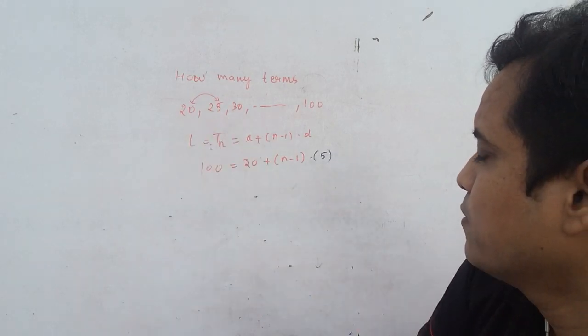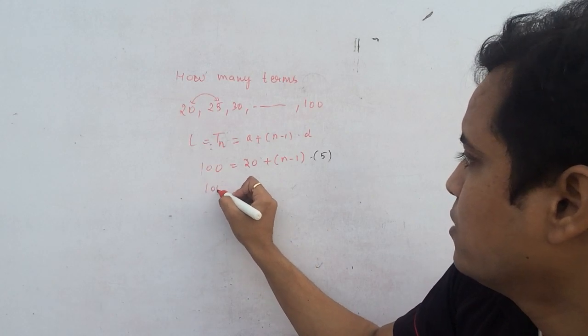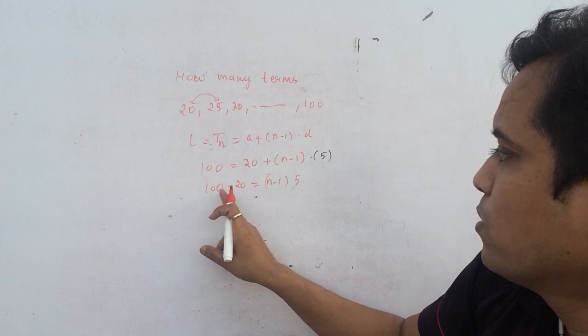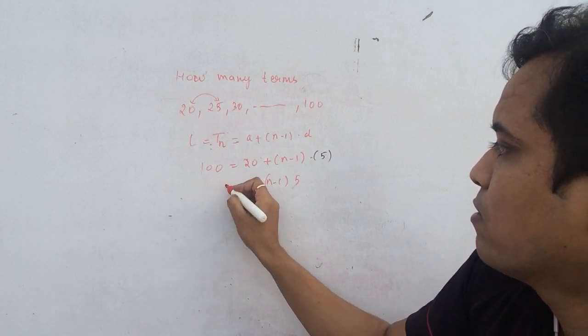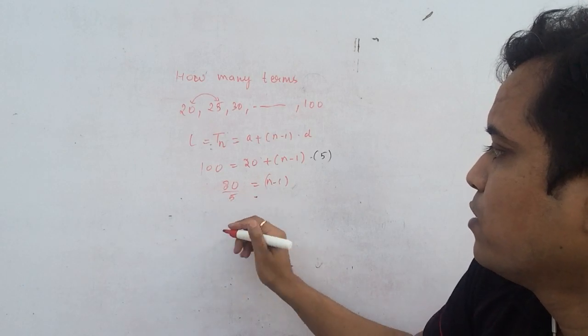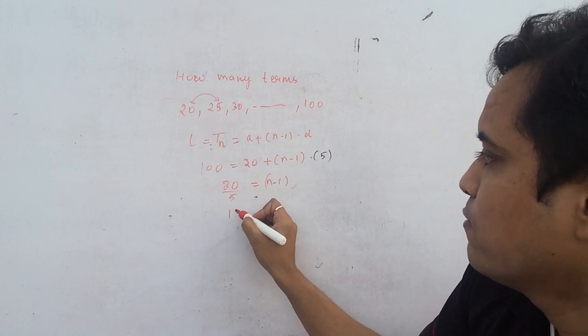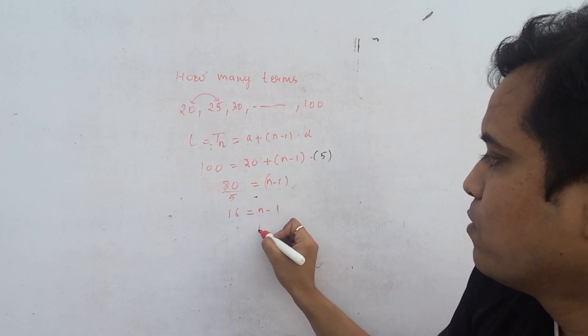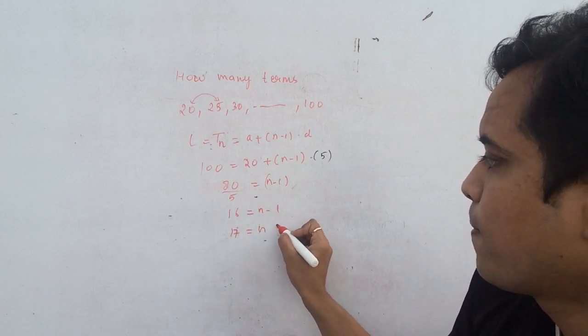So 100 minus 20 equals (n minus 1) into 5. So 100 minus 20 would be 80. 80 upon 5 is 16, so n minus 1 is 16, and n would be 17.